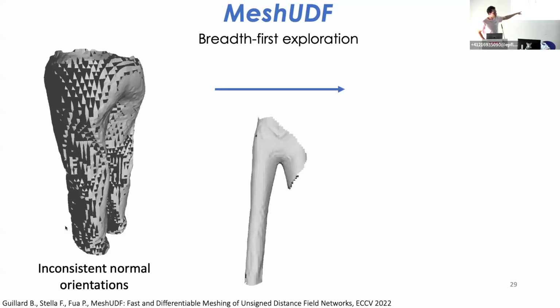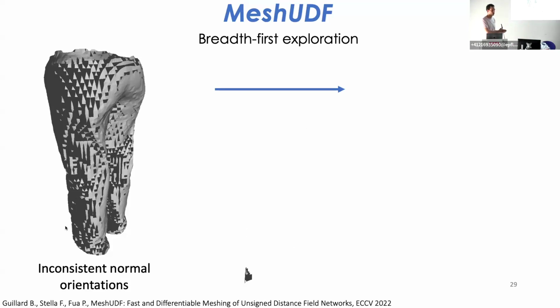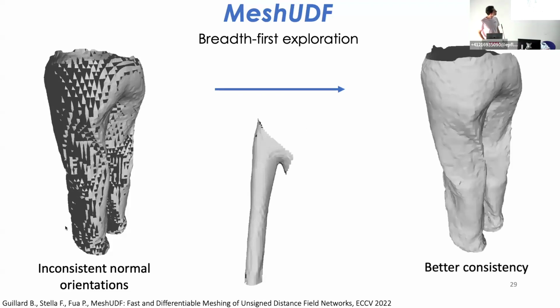In this way, we can follow the surface, mesh the parts that we are sure of, and leave the difficult ones for later. For example, there's a hole here and one there. They're not going to be meshed until we have the rest of the surface, so we have more information to get what was actually supposed to be there. And this makes it better. Again, not perfect, but better, especially for garments.